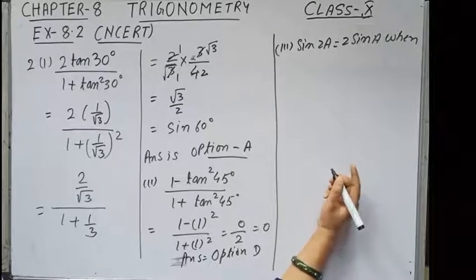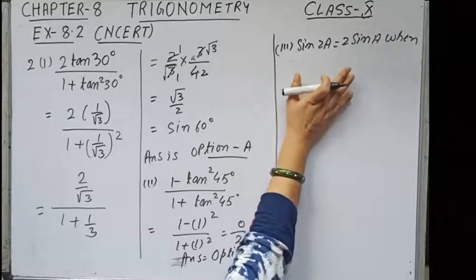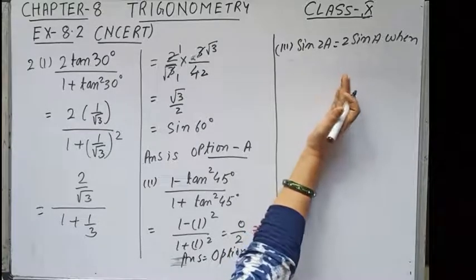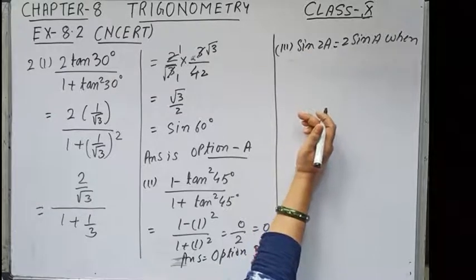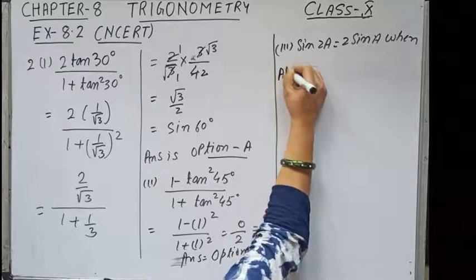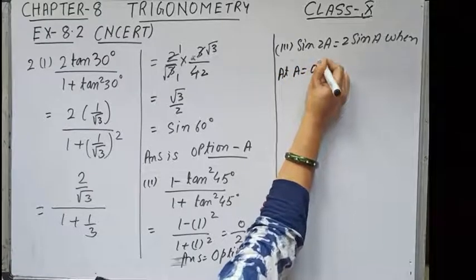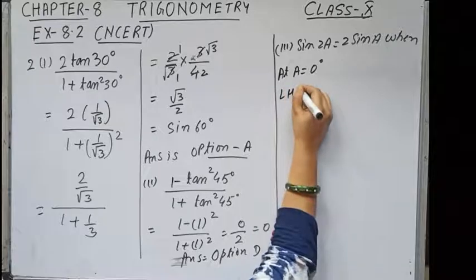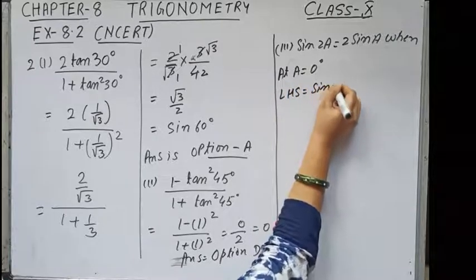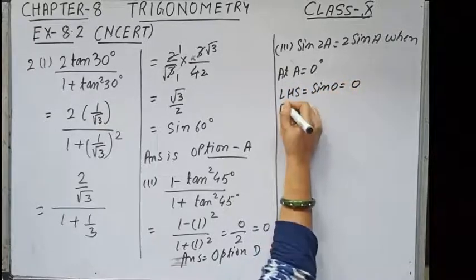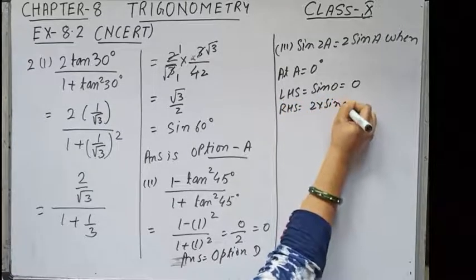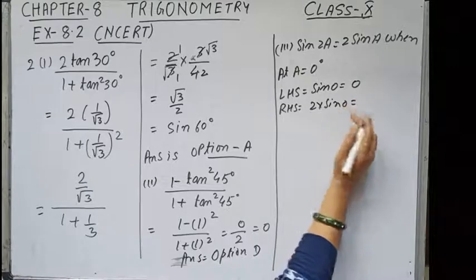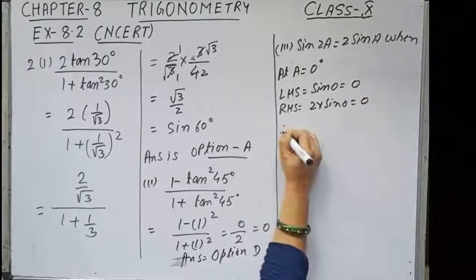We have to check whether this is correct on which value of A, and the value of A is given as 0 degree, 30 degree, 45 degree and 60 degree. So let us check. At A equals 0 degree, LHS equals sin 0 equals 0, and RHS equals 2 into sin 0, and 2 into sin 0 is 0, so this will be equal to 0.